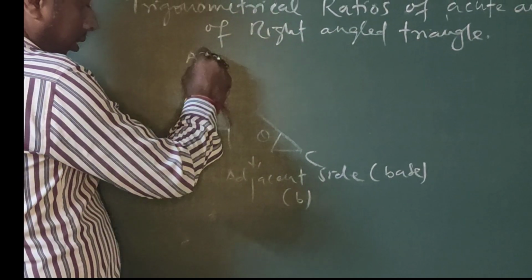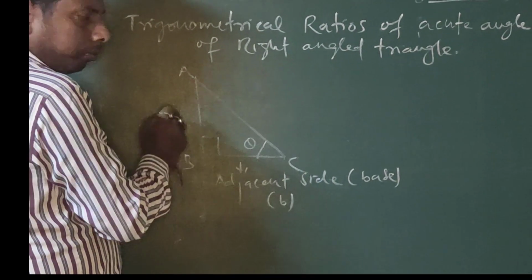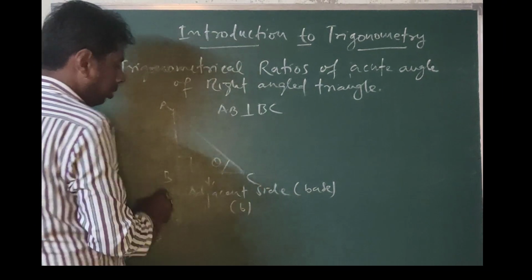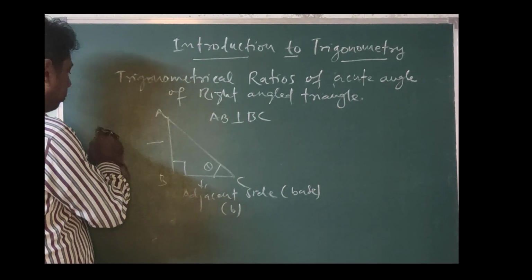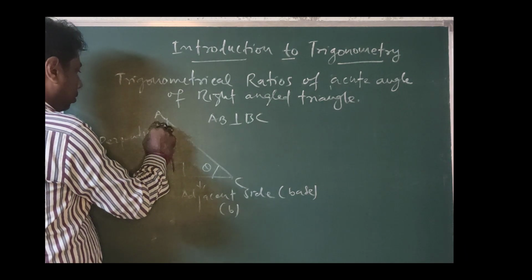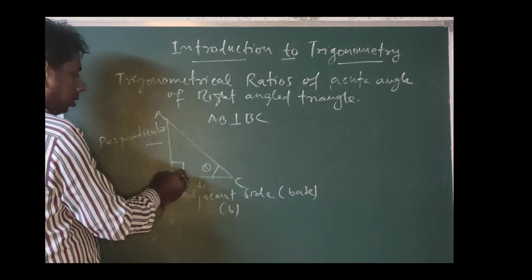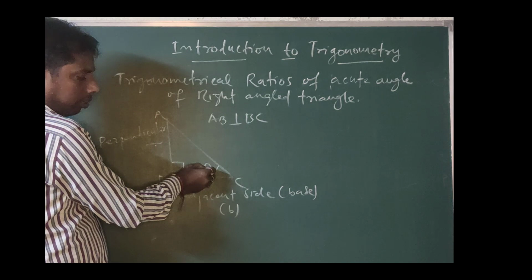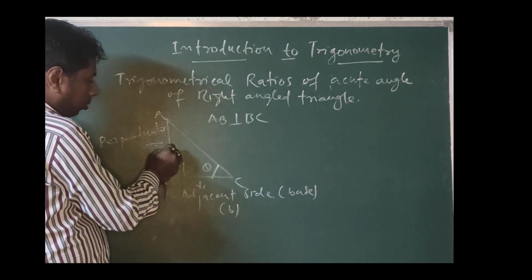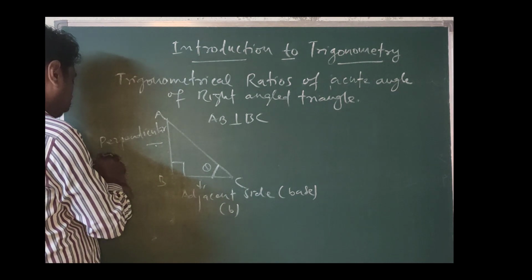In the figure, AB is perpendicular to BC, so we can write AB is the perpendicular, and this is the opposite side of the angle. This is also known as the opposite side.